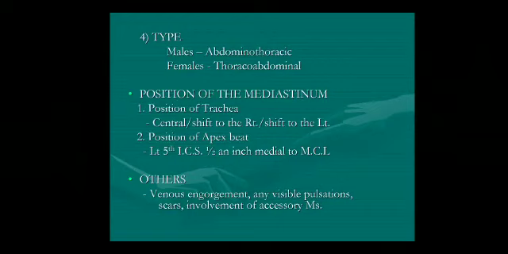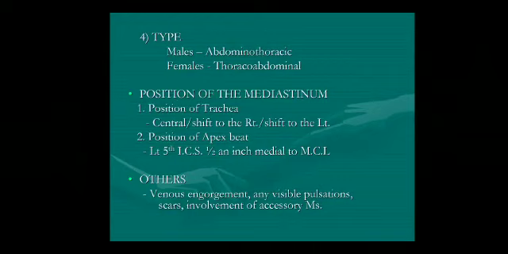That's why you should look for the position of the apex beat, and the trachea also will be shifted if there are any disorders of the lungs. So that's why you should look for the position of the trachea as well. In the last class I mentioned the steps of how to palpate for the position of the trachea.